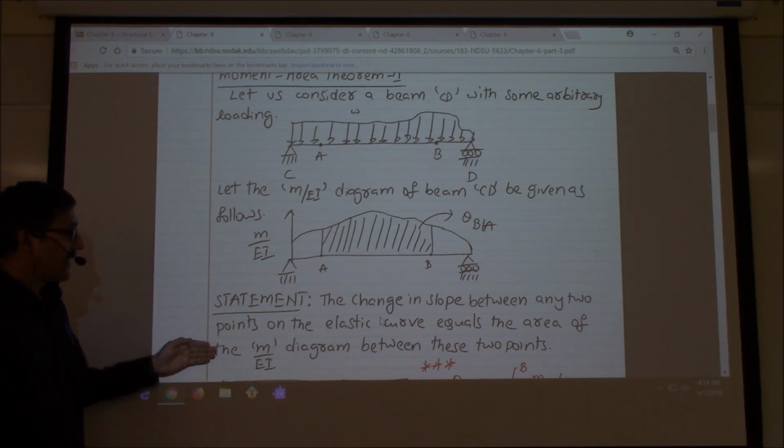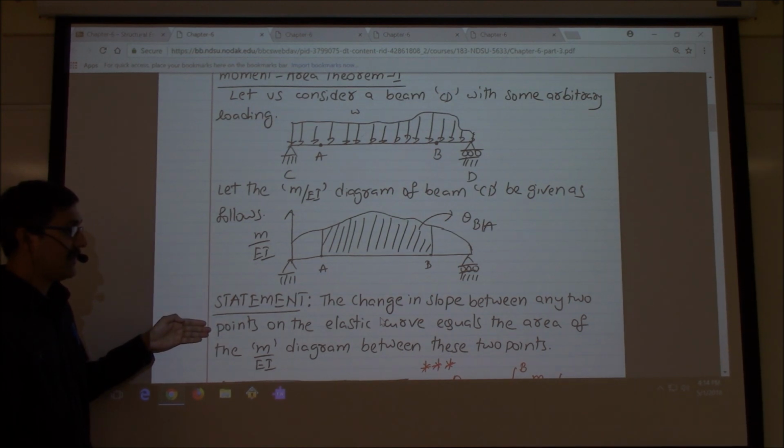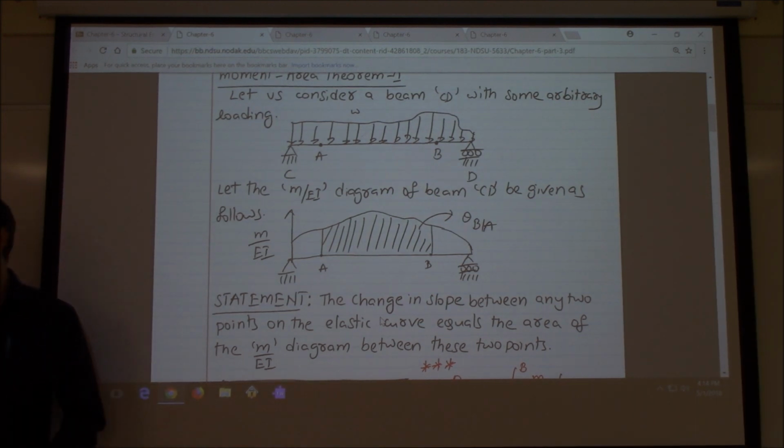That's it. Now we have to look at the nomenclature of moment area theorem number 1 before we proceed to the problem.